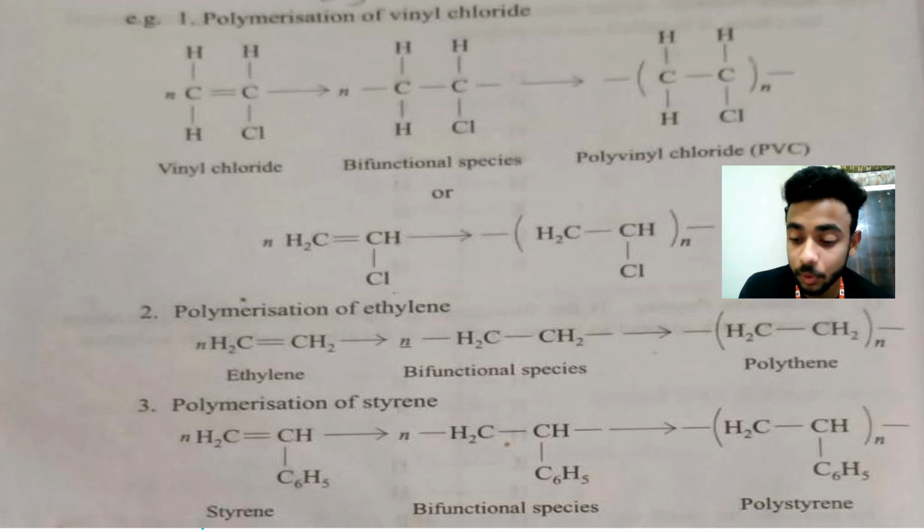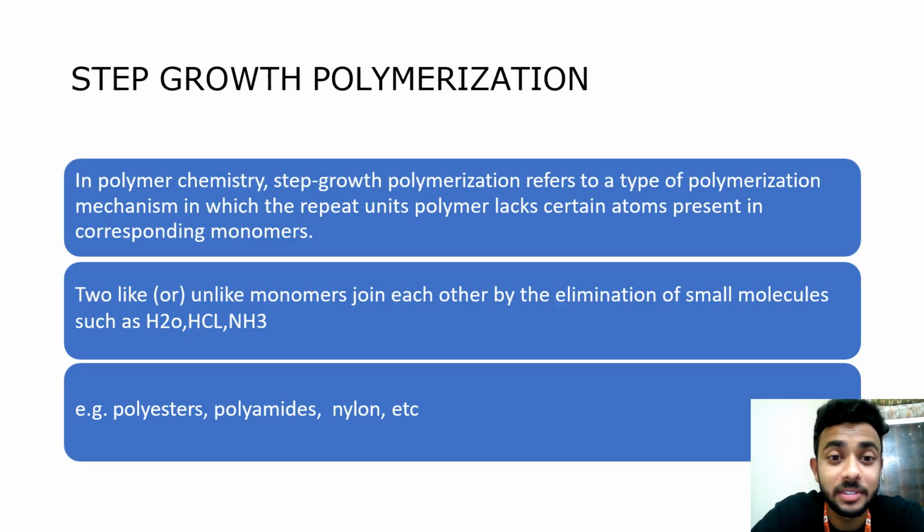So let us move to step growth polymerization. In polymer chemistry, step growth polymerization refers to a type of polymerization mechanism in which the repeat units of the polymers lack certain atoms present in the corresponding monomers.